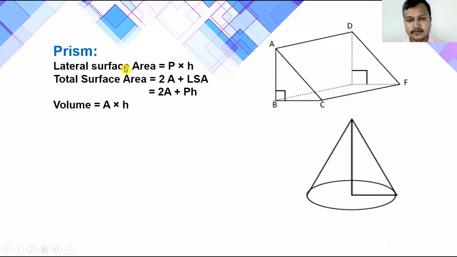And next one is cone. As I already said, let me repeat it so that you can remember these.